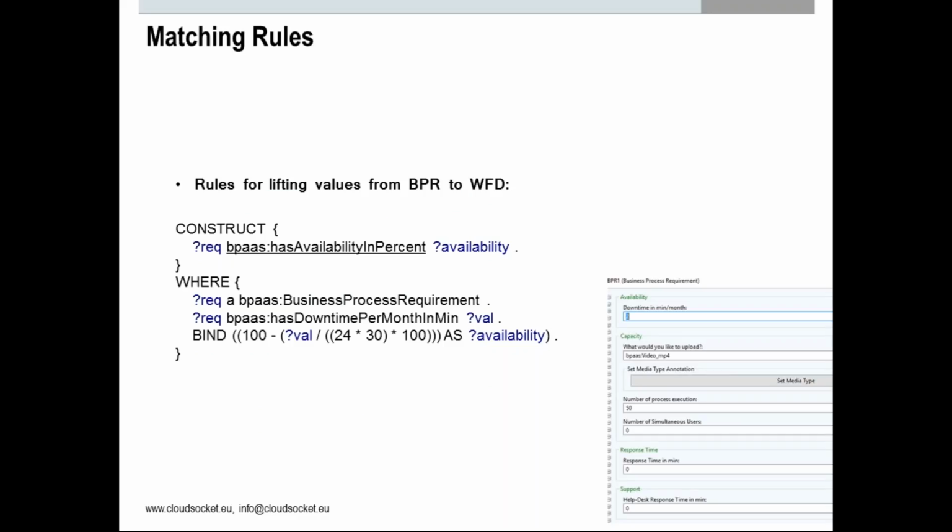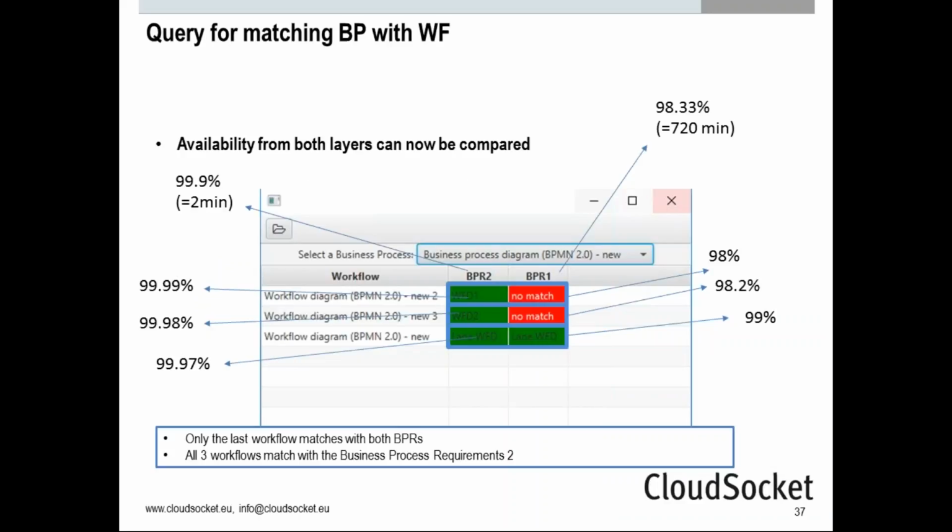So we have rules to lift the values from the requirements to the workflow descriptions. We check the requirements, we collect the downtime, and then we make the recalculation so that from the downtime per month we can calculate the value in percentage. In the end we will have a percentage, in this example, 99.9%.